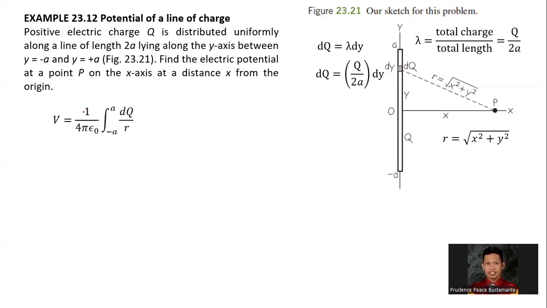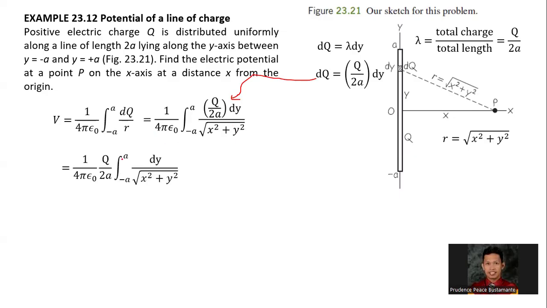So from our formula, 1 over 4 pi epsilon naught, integral from negative a to a of dq over r, let's transpose our dq here. Our dq is q over 2a dy. So this is our potential.